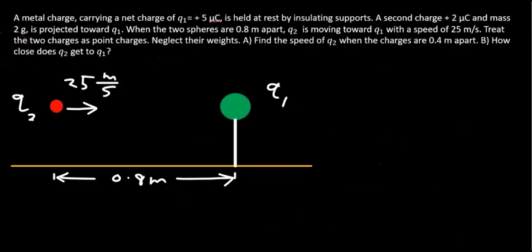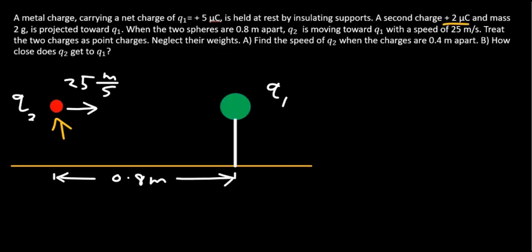Let's look at the following problem. A metal charge carrying a net charge of positive 5 microcoulomb is held at rest by insulating supports, so that is this charge. A second charge, positive 2 microcoulomb, that is this one, and mass of 2 grams is projected towards Q1.